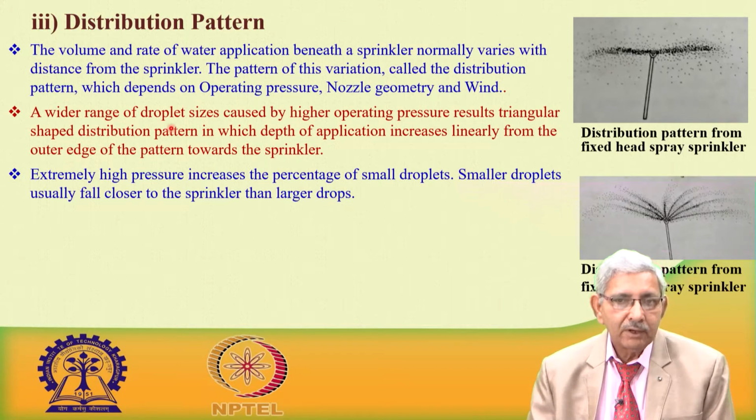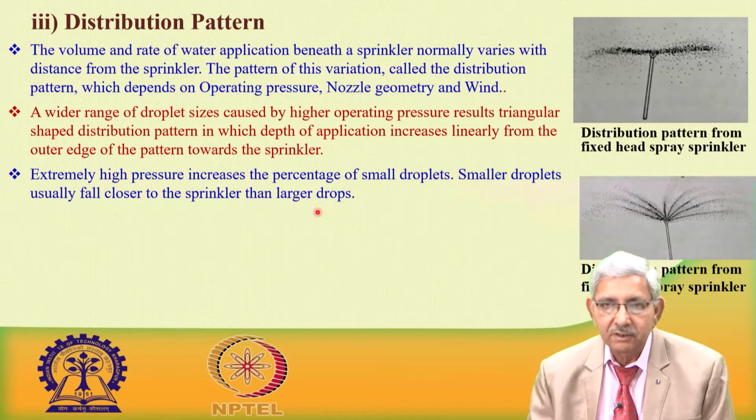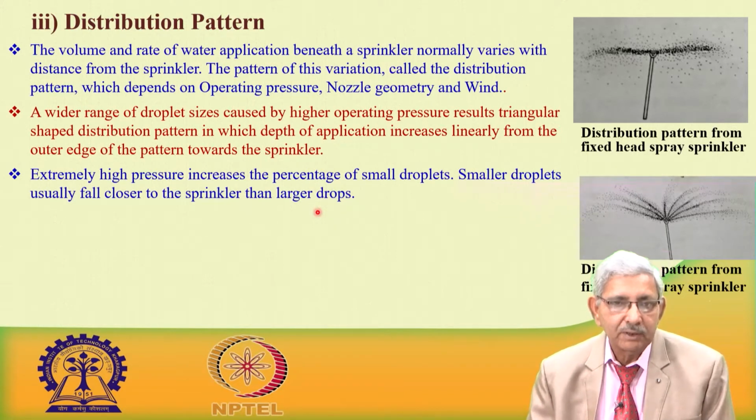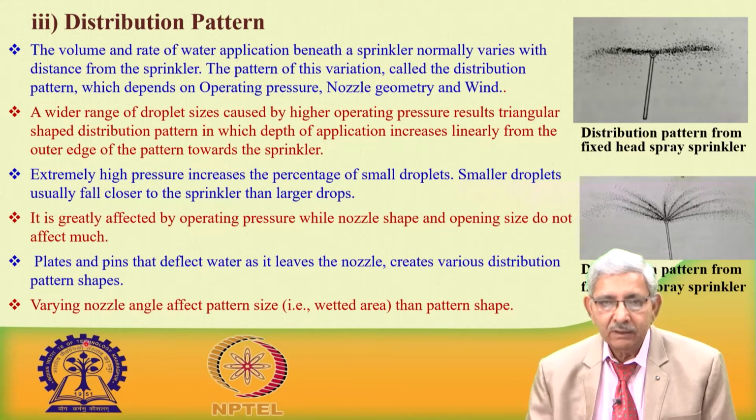A wide range of droplets caused by the higher operating pressure results in a triangular shape distribution pattern in which the depth of application increases linearly from the outer edge of the pattern towards the sprinkler. Varying nozzle angle affects the pattern, that is the wetted area, and the pattern shape.